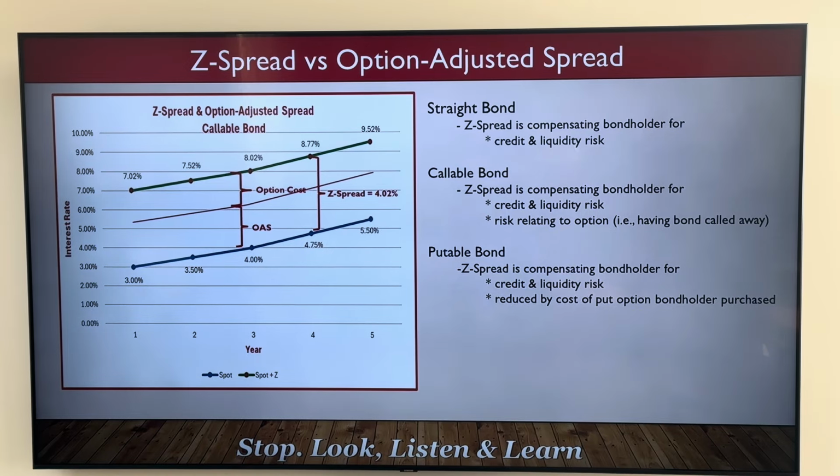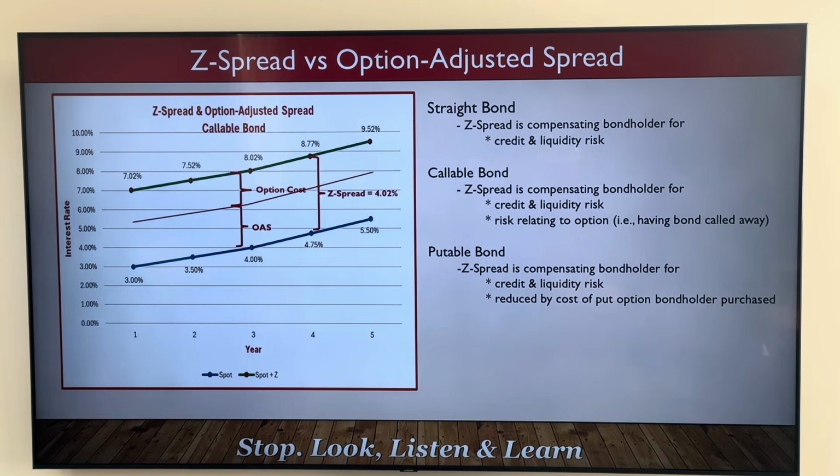So essentially, what will happen is the issuer of the bond would acquire from you the right to call your bond away from you whenever they decided to do that. And you would be assuming the obligation to sell that bond to them if they were to exercise that option.